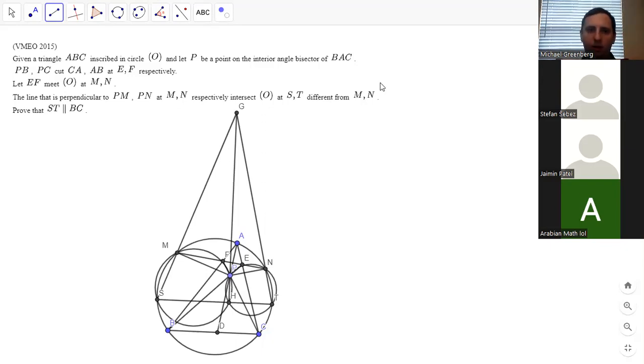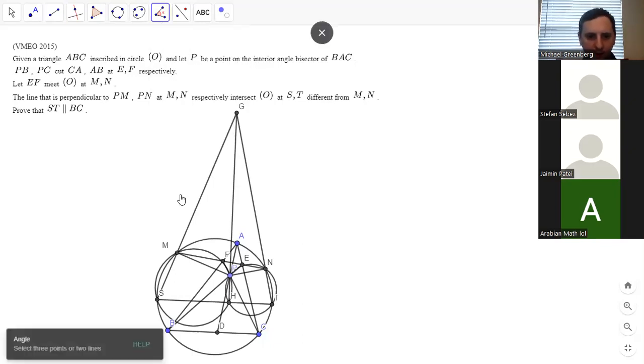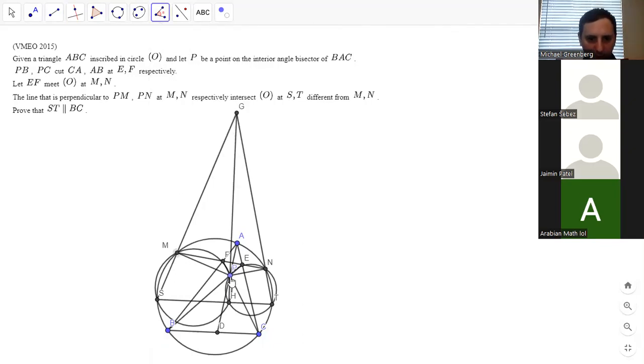So Arabian math said PE and PF might be isogonal. Let's check, see if that's true. So at angle FPE or FPM and NPE. They're not quite isogonal. It's close, but all right.